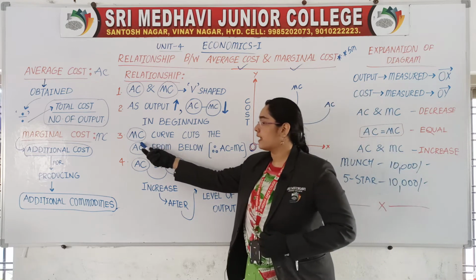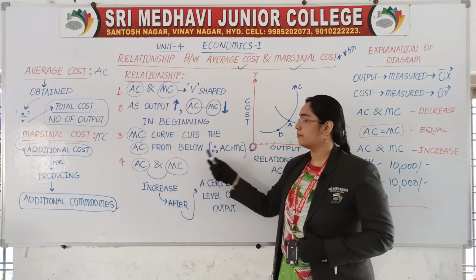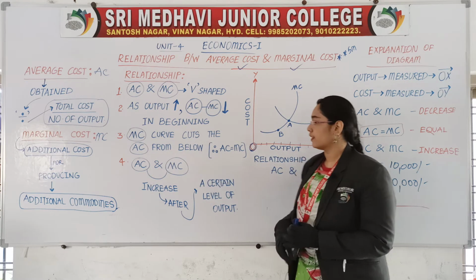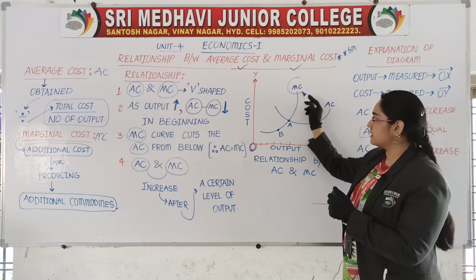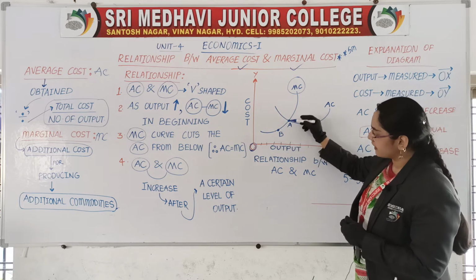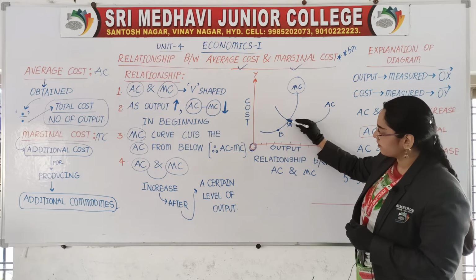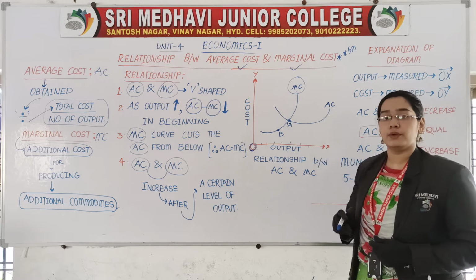Alright. Next, the MC curve cuts the AC curve from below. This is the MC curve. This MC curve is cutting at this point. It is cutting the AC curve from below.